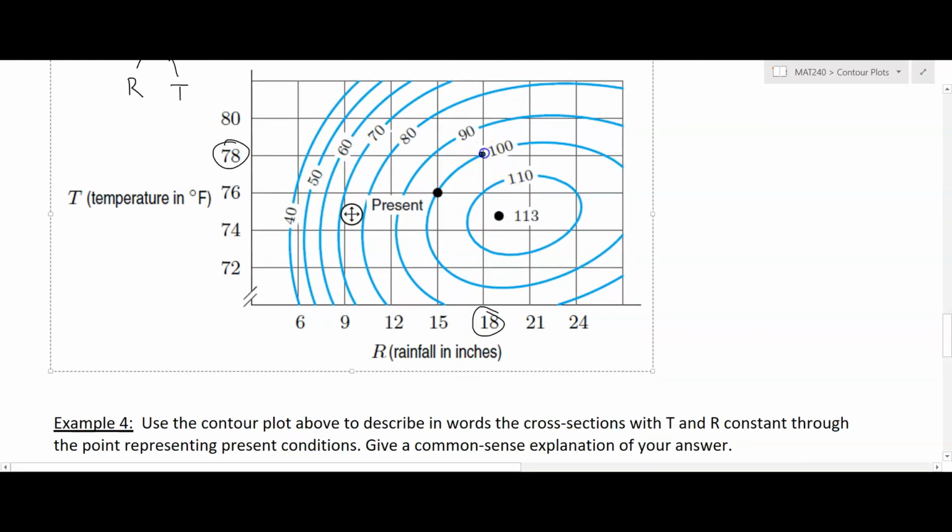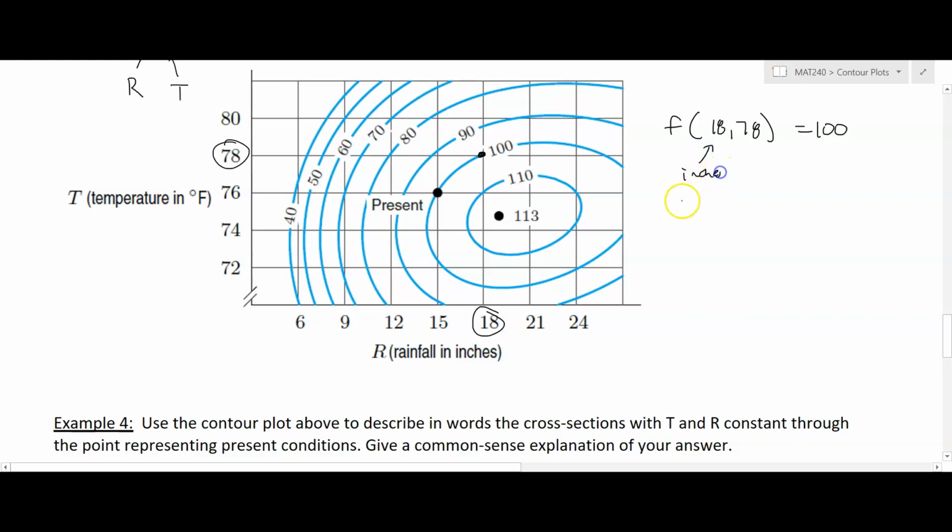Now, what does that mean? Well, that means that f(18, 78) is 100, and that means that if there are 18 inches of rain, and it's 78 degrees Fahrenheit, then we expect to get 100 units of corn produced.